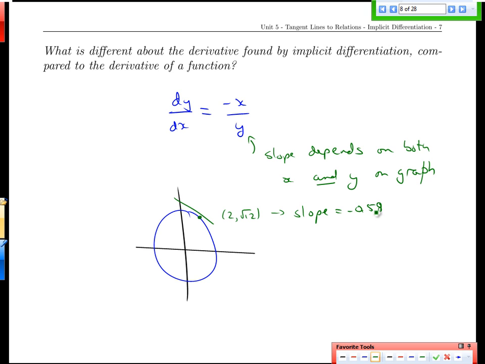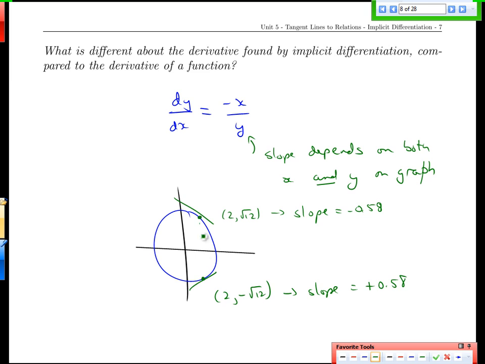Let's call it 5/8 rounded. However, if we went to the symmetric point down here, 2 negative root 12, we would have to get a different slope. The slope has to be negative, the other slope has to be positive, and if we use the formula up here, we would get a slope there of positive 0.58.